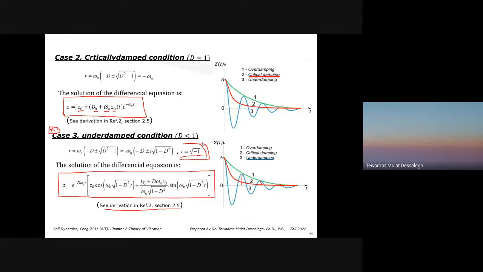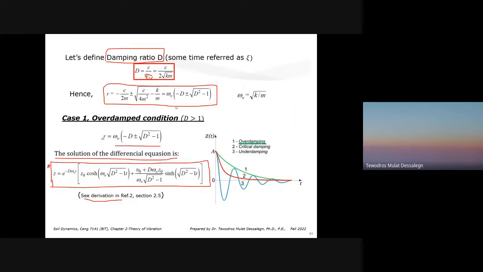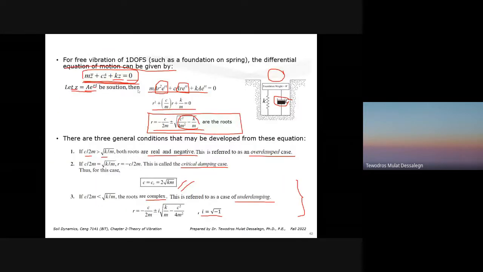We have seen the solution for all three, derived from the main general equation of motion. In the general equation of motion, we have the inertial component, mass times acceleration, plus damping times velocity, plus the stiffness component, stiffness times displacement, equals 0.